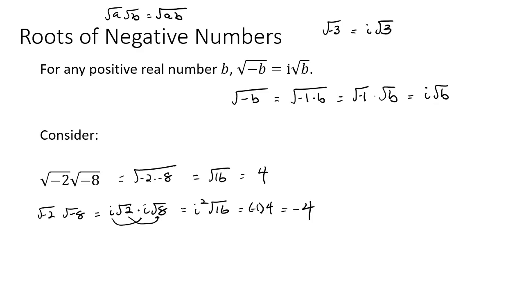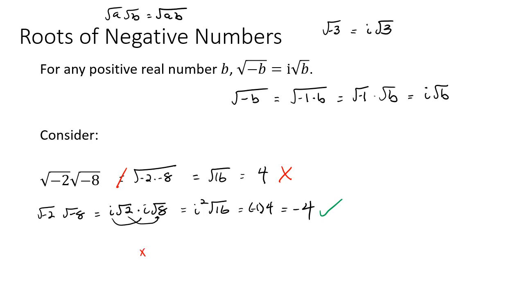So you can see that we get two different answers here, differing by a factor of negative 1, a positive 4 and a negative 4. Although both of these processes seem like they work, one is correct and one is incorrect. Using the property of radicals first and getting the positive 4 is actually the wrong answer. That's not what you want to do. The negative 4 is the correct solution here.